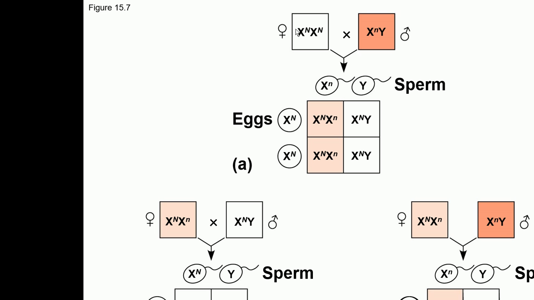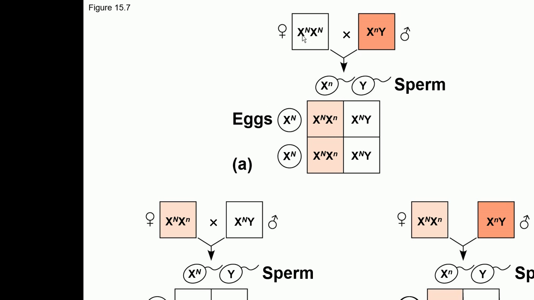This male will be an affected male, because the mutant allele is on the X chromosome and males do not have a second copy of the X chromosome. If you see all dark, it means this individual is affected by the disease. If you see white, it means normal. If you see light shaded, it means this individual is a carrier.